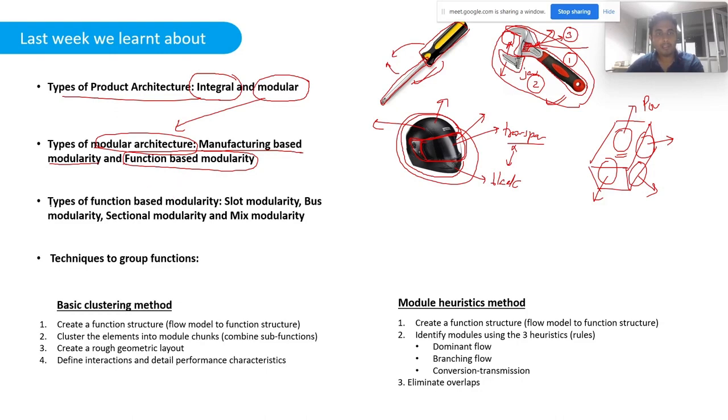Then we discussed types of function based modularities. So again, function based modularities have four main types. One is slot modularity. So what is slot modularity?